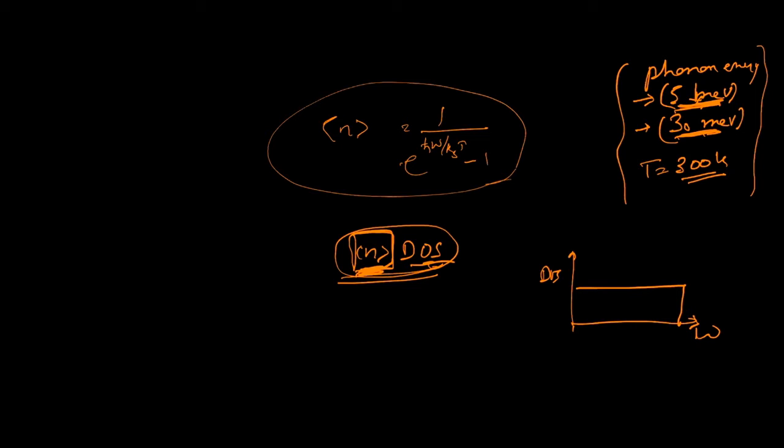So look at the plot and tell me the ratio at T equal to 300 Kelvin, comparatively, of 10 MeV phonons and phonons at, let's say, 30 MeV. What would be their relative contribution, assuming the DOS is exactly the same?